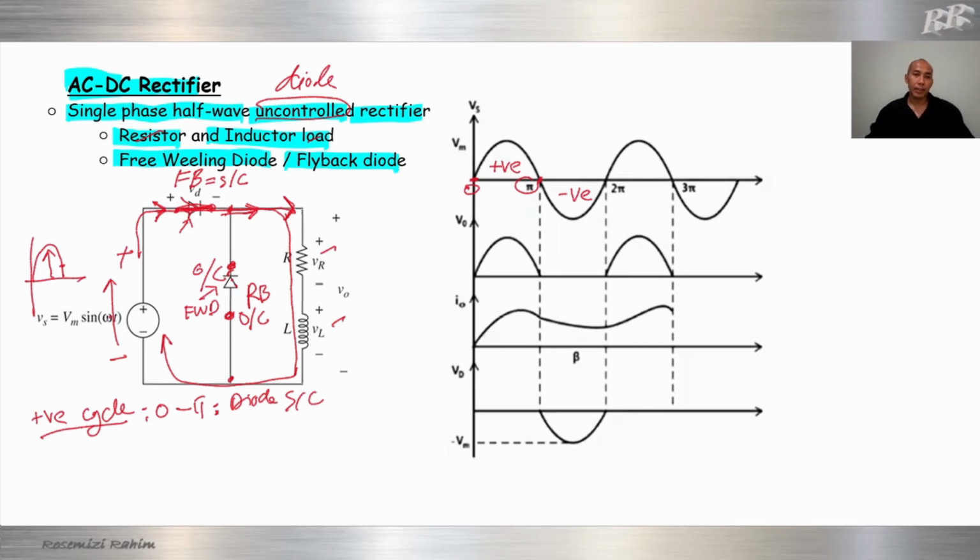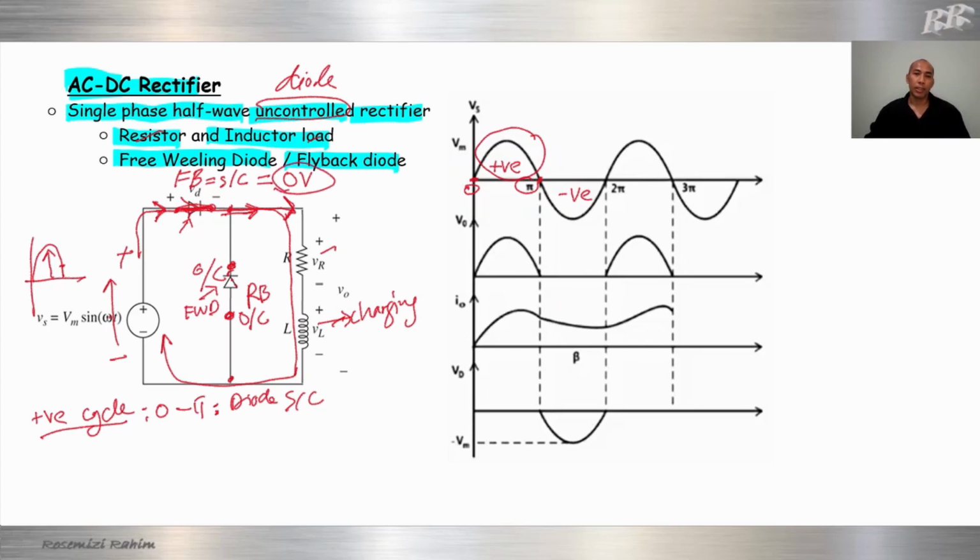We know that the inductor will be charging during this time. This one is short circuit, so 0 volt. So all the input voltage will go to the output, due to the diode being 0 volt, short circuit.